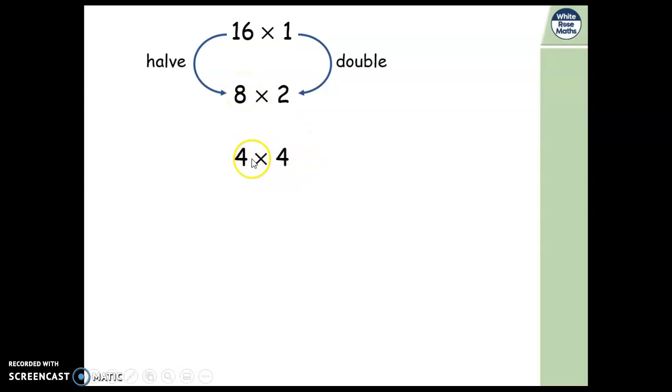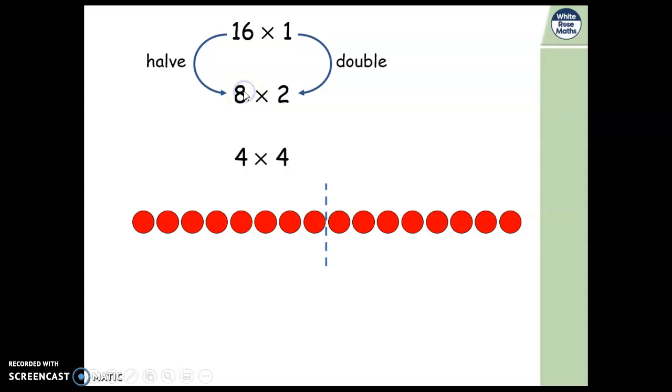Now if you notice that times 4, if you double the number 2, we get the number 4. Because we're doubling this side, we have to half the total amount. So looking at this one, we've had 16, we've chopped it in half to make 2 groups.